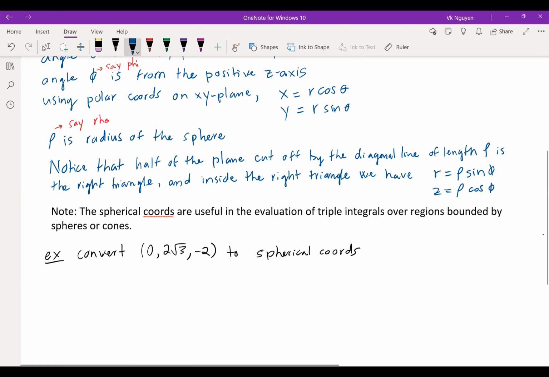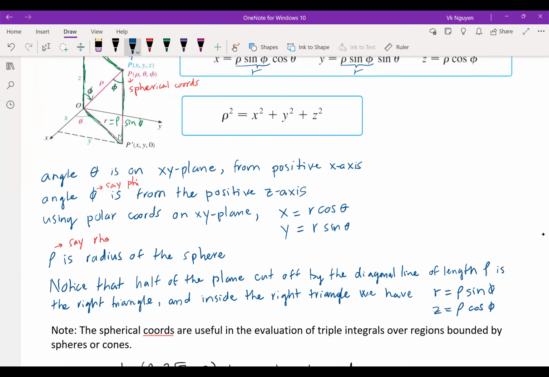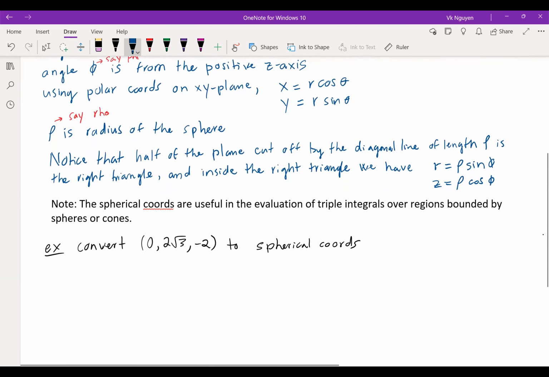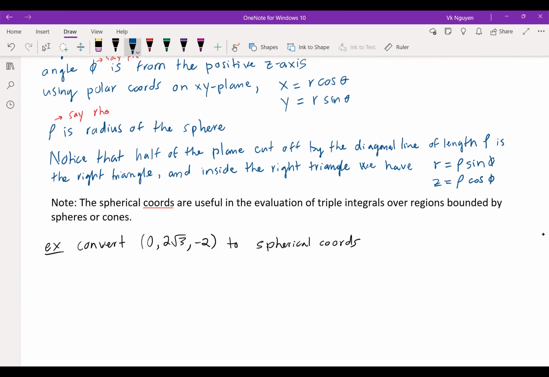It's a good example. So in spherical coordinate, look at this picture here. We need the radius rho, the angle theta, and the angle phi. Need 3 of them. Okay.